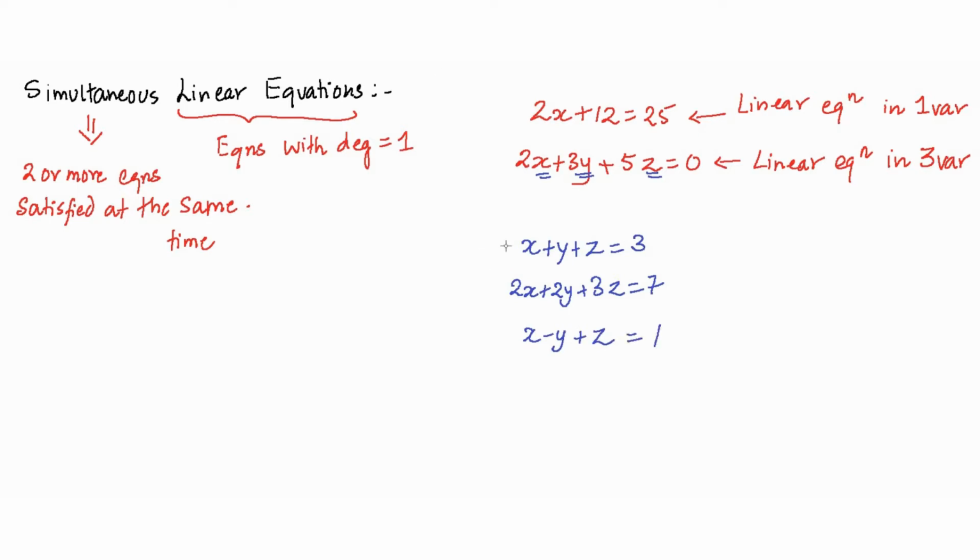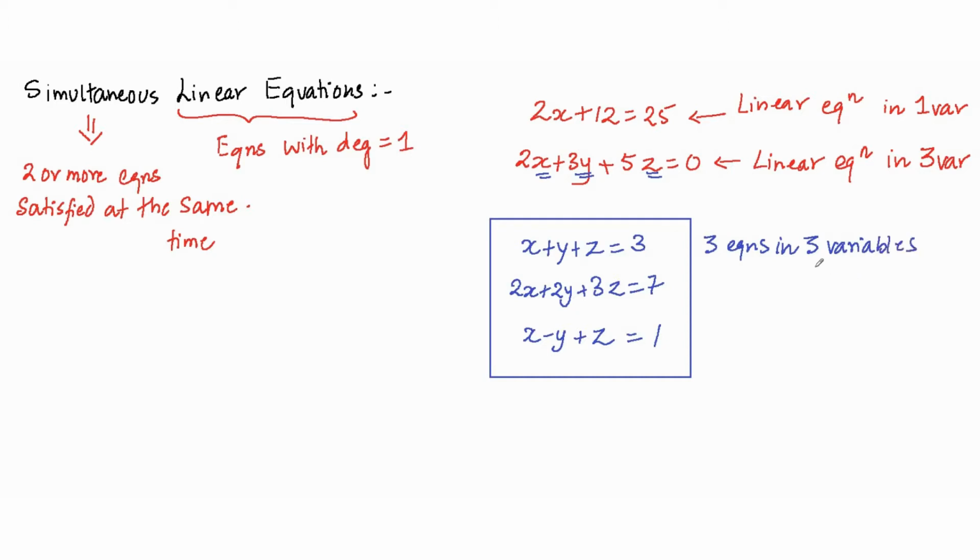You will notice that these are three equations in three variables, the variables here being x, y and z, and you will notice that x equal to 1, y equal to 1 and z equal to 1 satisfies all the three equations at the same time.